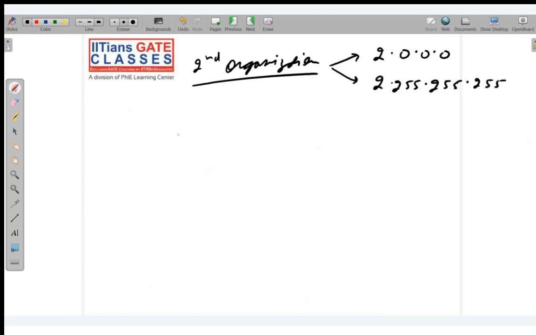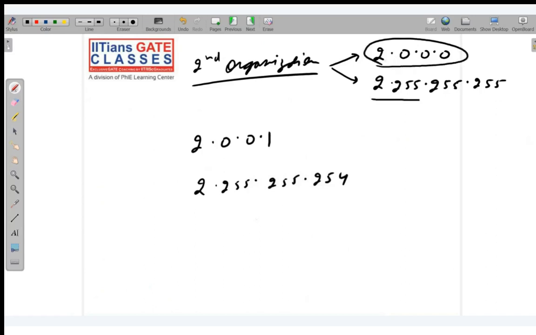The first host is 2.0.0.1, the last host 2.255.255.254. Net ID of the second organization, DBA of the second organization.